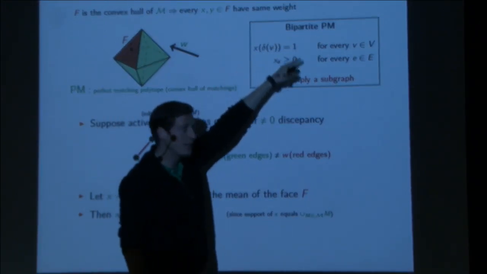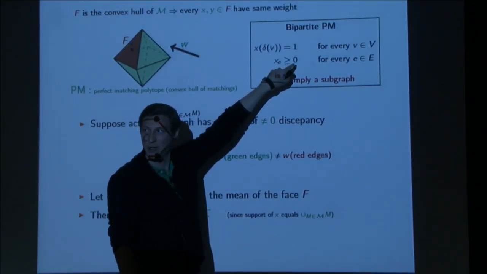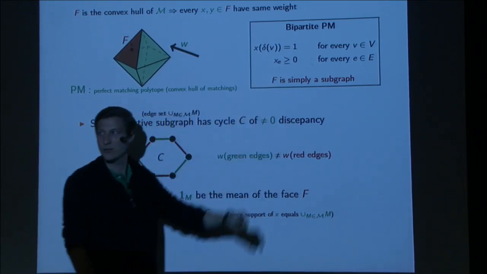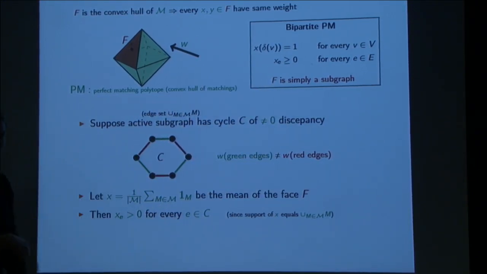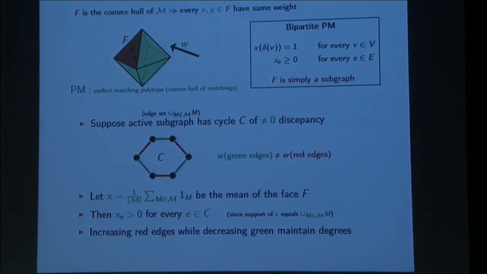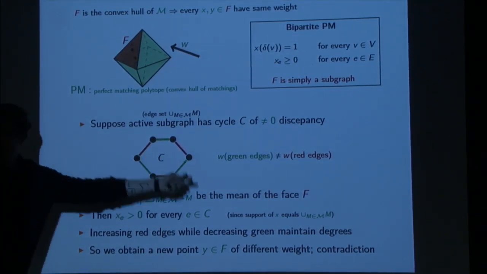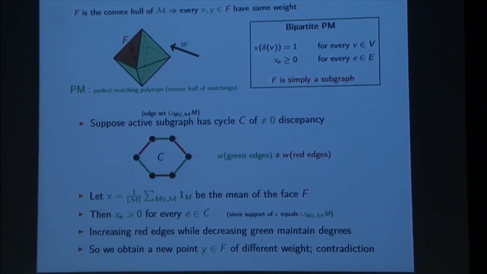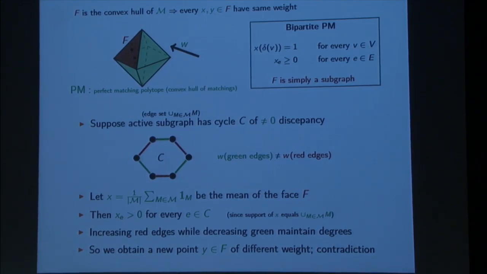We stay feasible, and if I select epsilon small enough, it will also satisfy these constraints because all these edges were strictly positive. We could also increase the red edges and decrease the green, or the other way around. But since the weight of the green edges is not equal to the weight of the red edges, I will get a new point in my face of different weight, which is a contradiction.